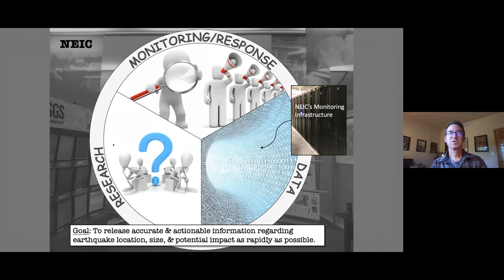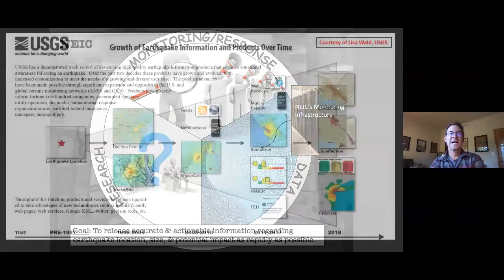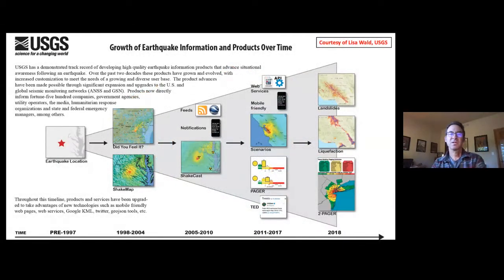So we're no longer just providing magnitude and epicenter for earthquakes. About 20 years ago, that's about what we were doing in the minutes and hours following an earthquake. But over time, in the last 20 years, we've evolved from just the magnitude and location to maps of the intensity distribution of shaking around the epicenter, around the causative fault. And then further, we turn that into notifications and feeds.